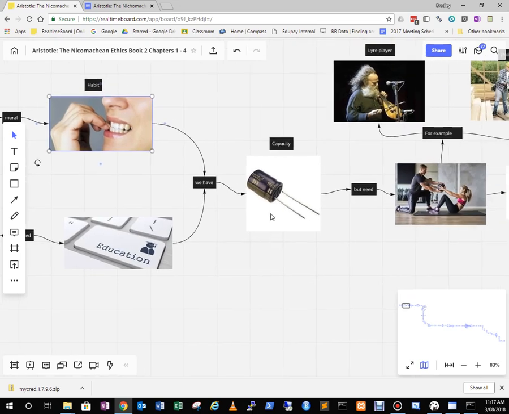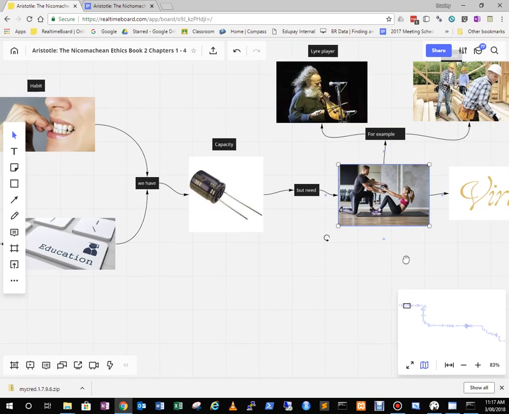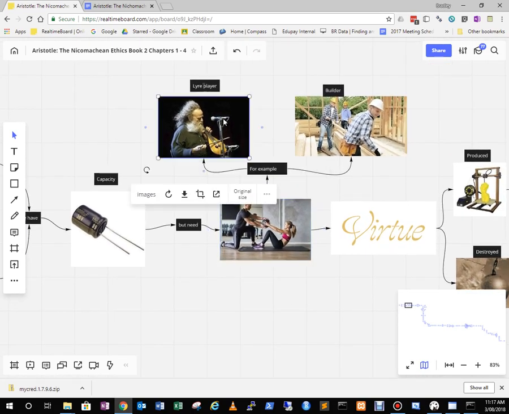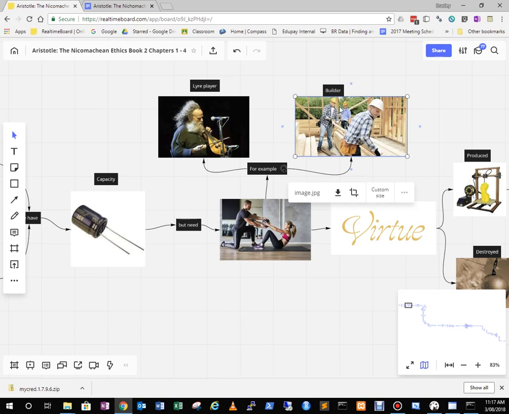He then argues that we all have the capacity to be virtuous, both morally and intellectually. We have the potential, but we need the training in order to become properly virtuous. Just like a lute player plays the lute well through training, and a builder builds really good homes through learning and developing the experience they need.